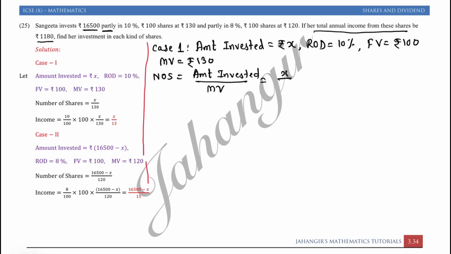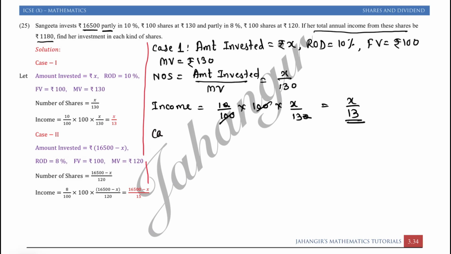So market value in this case is 130. Now we will find income. Income is equal to ROD 10 upon 100 into face value 100 into number of shares, that is X upon 130. 0 will get cancelled. So X upon 13 is my income.